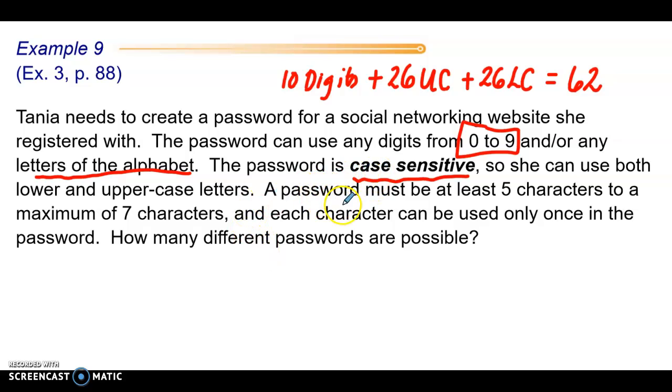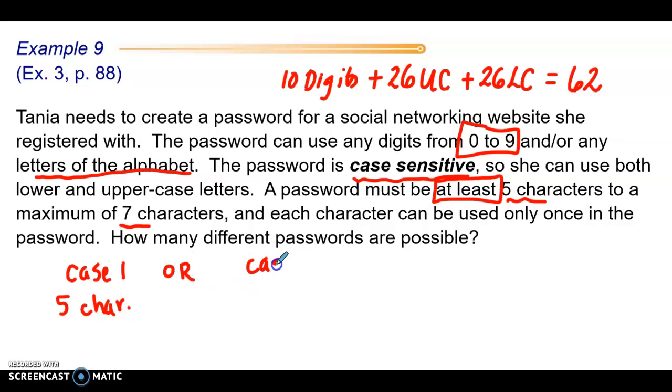We also are told that the password must be at least, so there's that key word, at least 5 to 7 characters. So we have case 1: we can have a 5-character password, or case 2: we can have a 6-character password, or there is a third case: we can have a 7-character password.